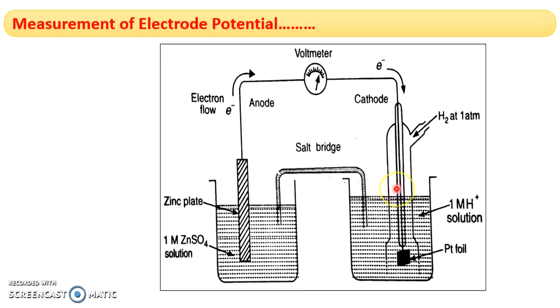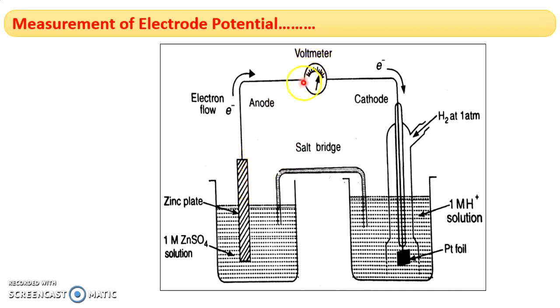Okay, so we have to remember one point here. At the sample electrode, the electrode for which we are going to find out the electrode potential, oxidation is occurring.